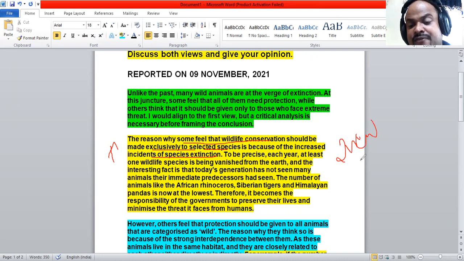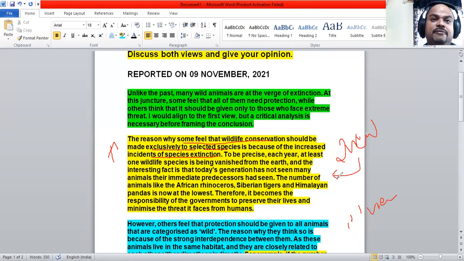We are writing the second view in the first paragraph because I feel that all animals have to be protected. My view aligns to the first view, so I have written it just before the conclusion, in the second paragraph.